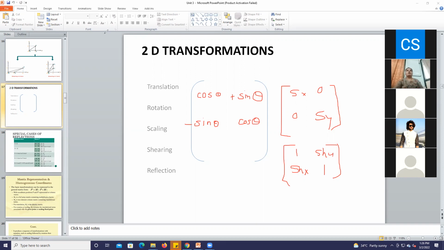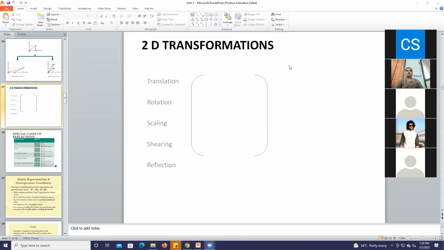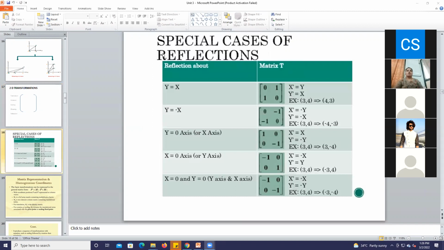We have considered all 4 cases of reflection. So till this point, all the things are clear to you? Yes. So for reflection, we will see the next slide. Yes. So y equal to x, simply interchanging the elements in the T matrix. Then y equal to minus x, signs are also changing.